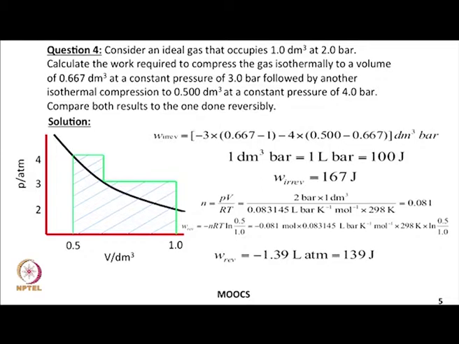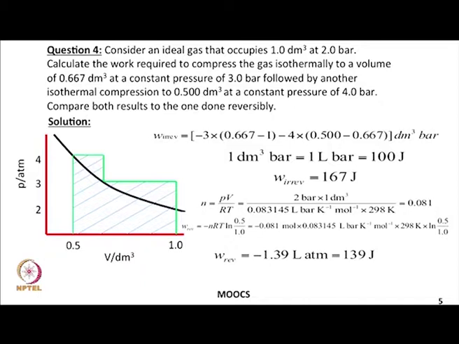Again, please note that it is positive, and if the process were carried out irreversibly, the value was 167 joule. Now, the process is carried out reversibly, it is 139 joule. So, irreversible work of 167 joule, which is done on the system, is more than the work done on the gas under reversible conditions, that is 139 joule.